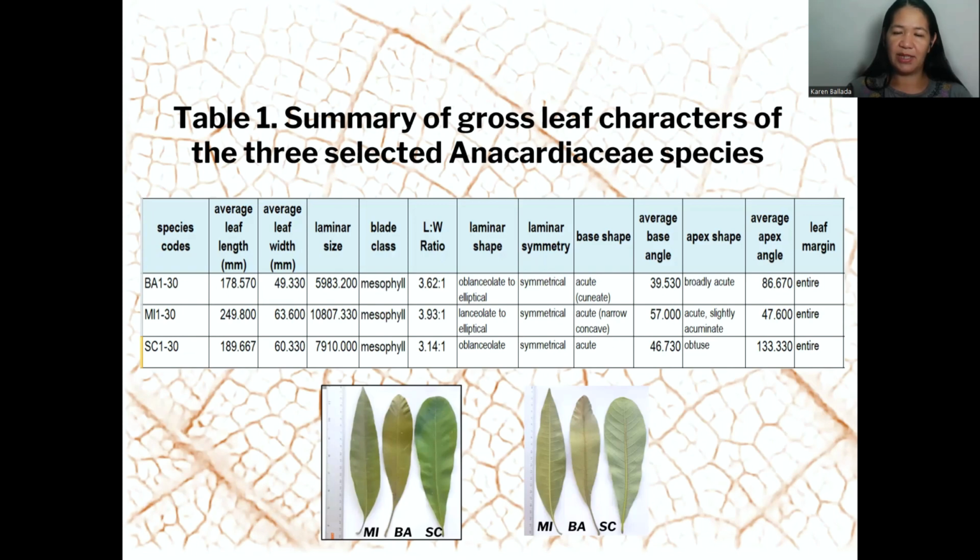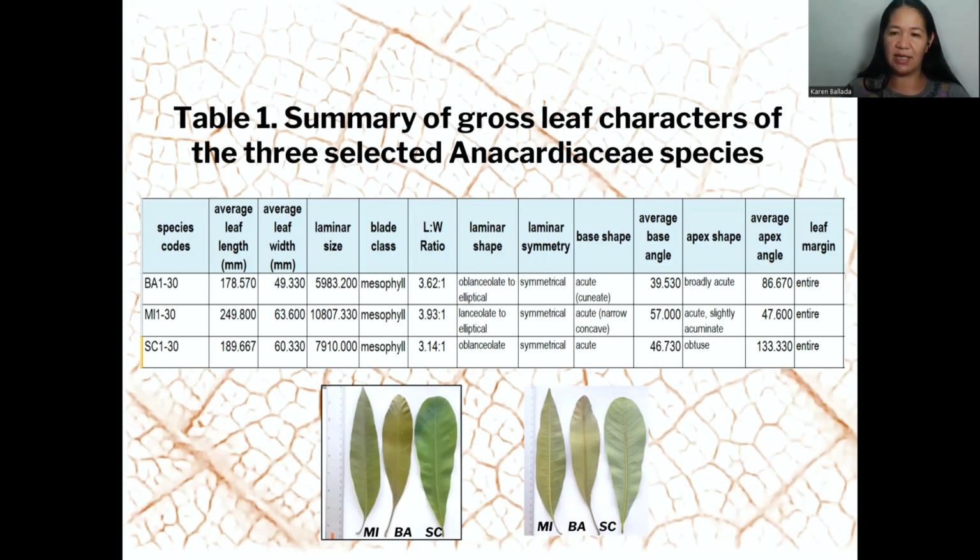There's also a bit of difference in the laminar shape. All of them are symmetrical in terms of laminar symmetry, and there's a slight difference in their base shape, from acute cuneate to acute narrow concave to acute. And then average base angle, again, there's a difference.